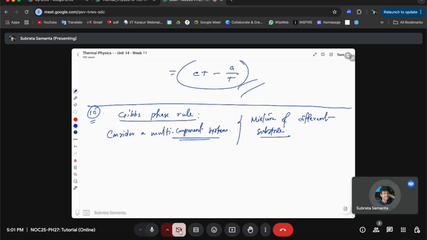So it's basically chemically independent constituents of the system.